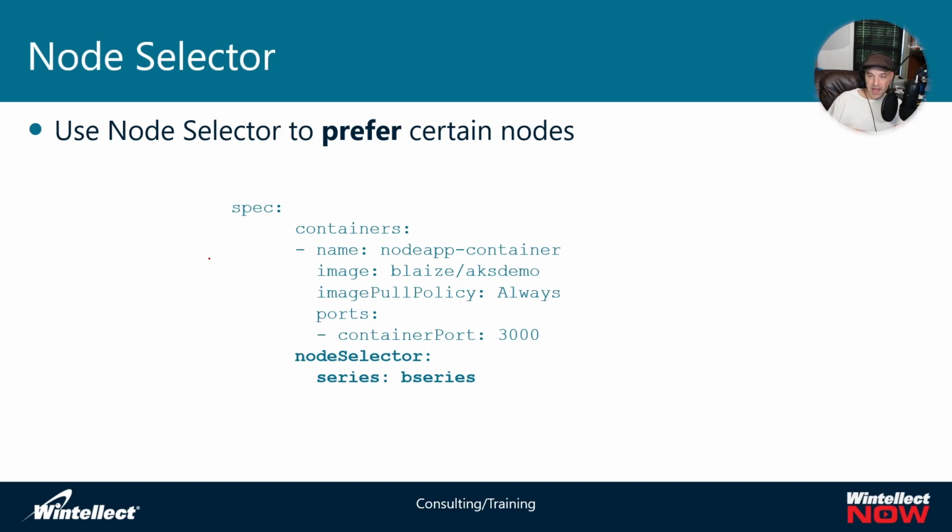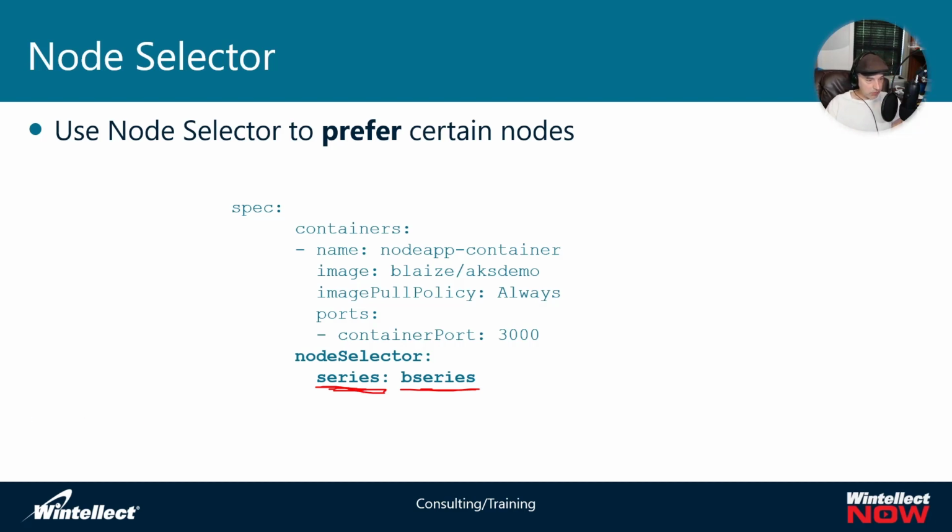From that, you can say, I'm going to run this set of containers on nodes that have this label. So if I say B series VMs for my node, it will find a node that has a label called series and a value called B series, and run this particular application. So let's go to the Azure portal and take a look at how it works.